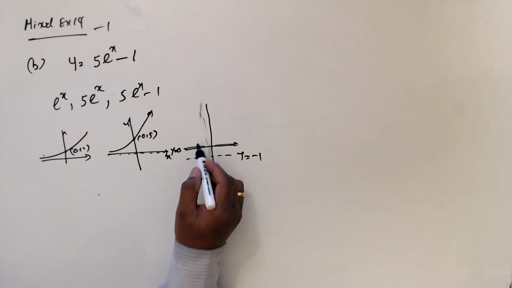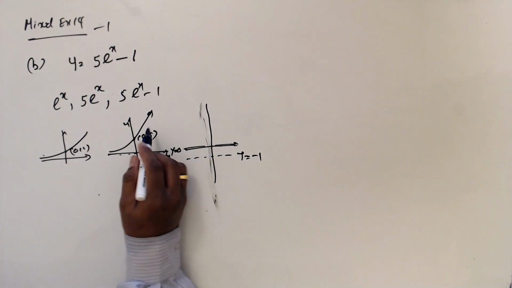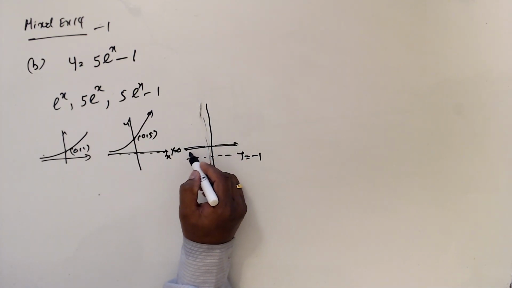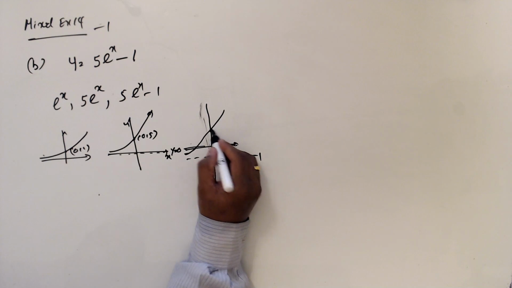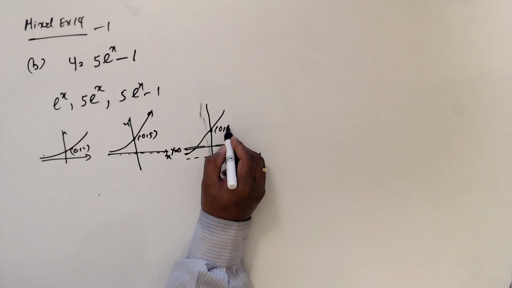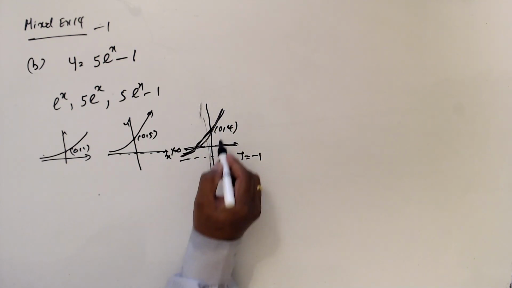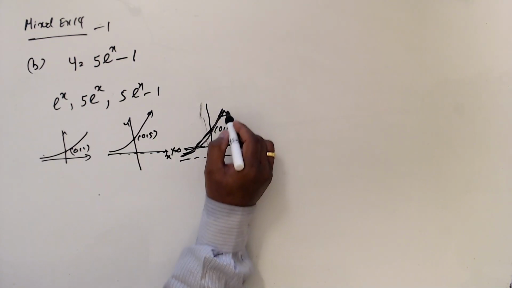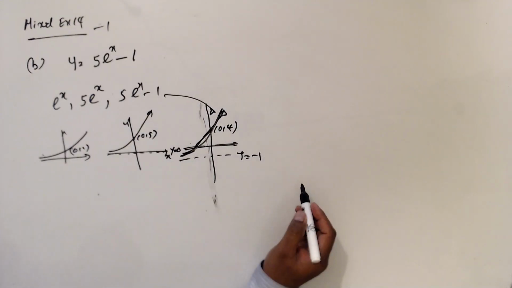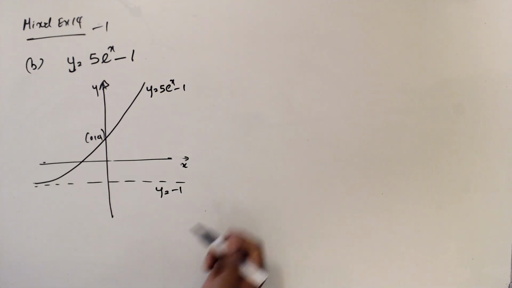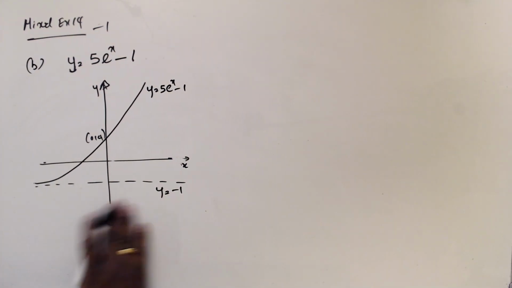And this graph comes down, and as a result this is going to be 0 and 4. So this is the graph. I magnify the graph. So this is the graph.